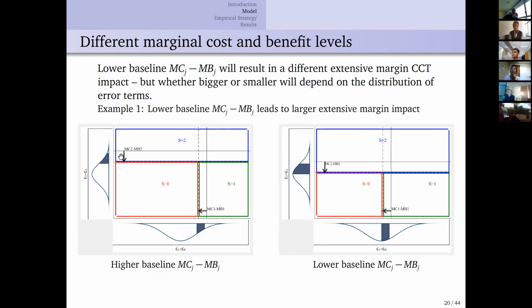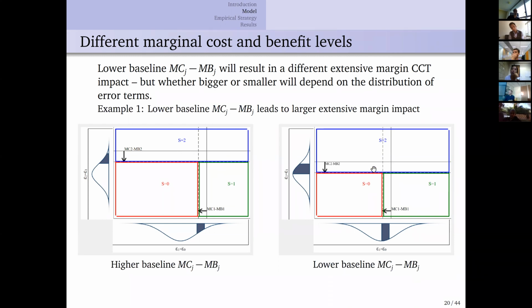I'm showing the shaded areas of the people that are affected. In both figures, I'm moving the lines by the same amount. As a side note, I'm moving the first line by a smaller amount than the second line, just to reflect the fact that the PROGRESA transfer gets bigger with age, but that's not important here.